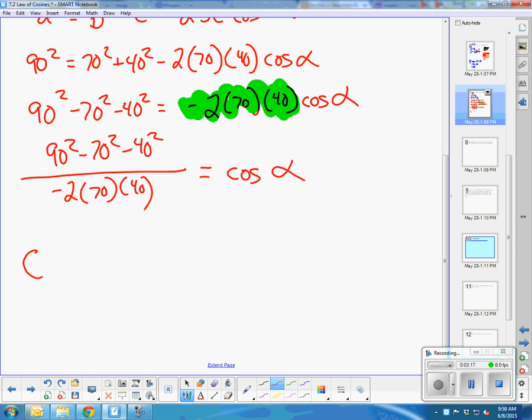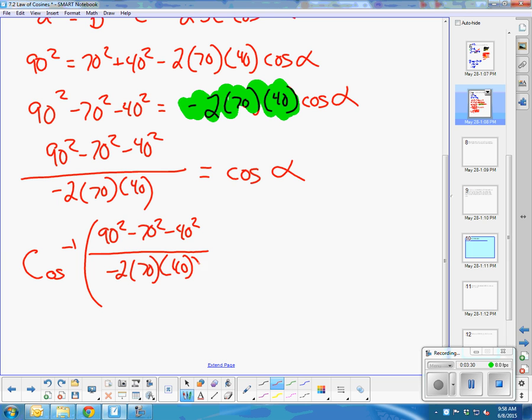So the inverse cosine of this whole big expression, 90 squared minus 70 squared minus 40 squared over negative 2 times 70 times 40, will give us our alpha.